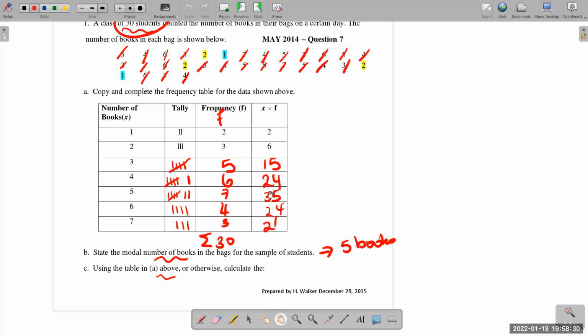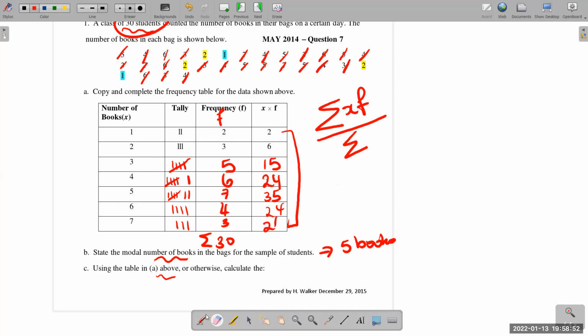So we need to add up what we've been doing this whole time. In this column, aren't we gonna find the sum of fx? Remember what we did before? Because the formula is the sum of fx divided by the sum of f, sorry, to find the mean. Y'all remember this complicated version of the formula? So you see, it ain't that complicated now that we understand what it's talking about.